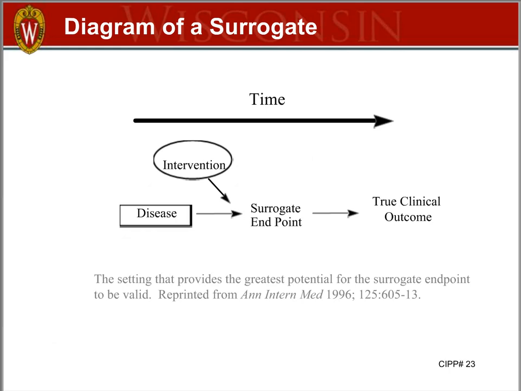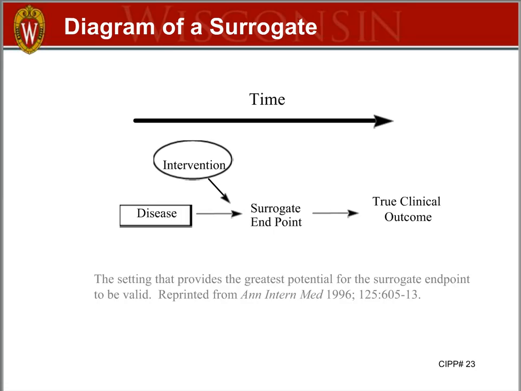I'll show you an example of why this has been so appealing and what the problem is. In this figure, we've demonstrated that a disease process is modulated through an intermediate outcome, think of it as blood pressure or lipid values or arrhythmias or immune system measurements, and those affect a true clinical outcome: death, hospitalization, myocardial infarction, progression of the disease.